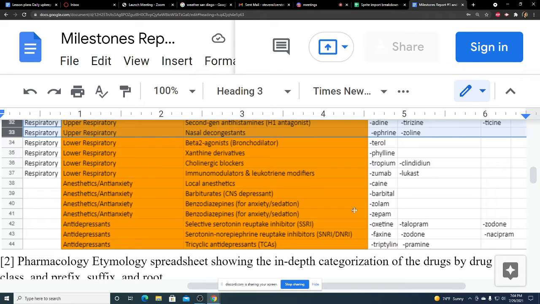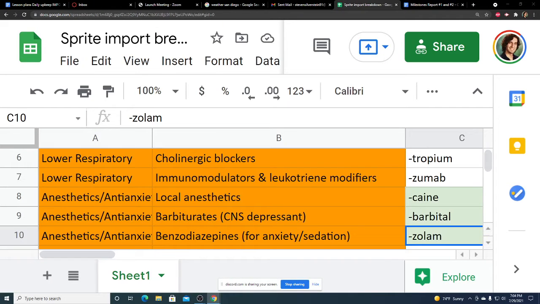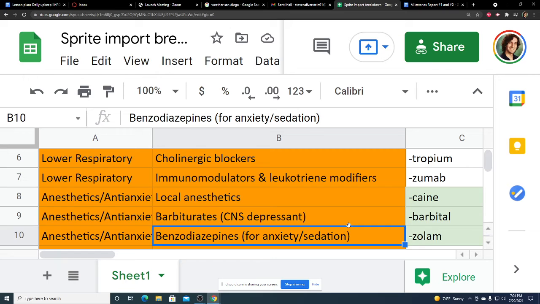There is a brand called Zolam, but we're putting it with the dash in front of it. Because the generic is actually alprazolam, so you still have the Zolam part of it. So we'll want to make sure that the dash is in there, because that's where it's getting confusing. But it is a benzodiazepine for sure.